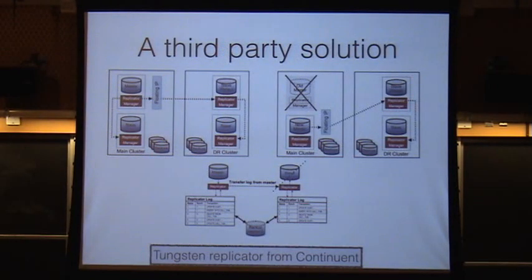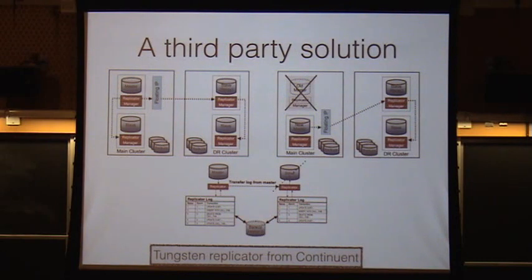I have one more thing. Yesterday there was a blog post that explains how to do global server ID with a third-party solution. If you look at Planet MySQL, you will find it. Basically, instead of using MySQL native replication, you use one thing that is called Tungsten replicator from Continuent.